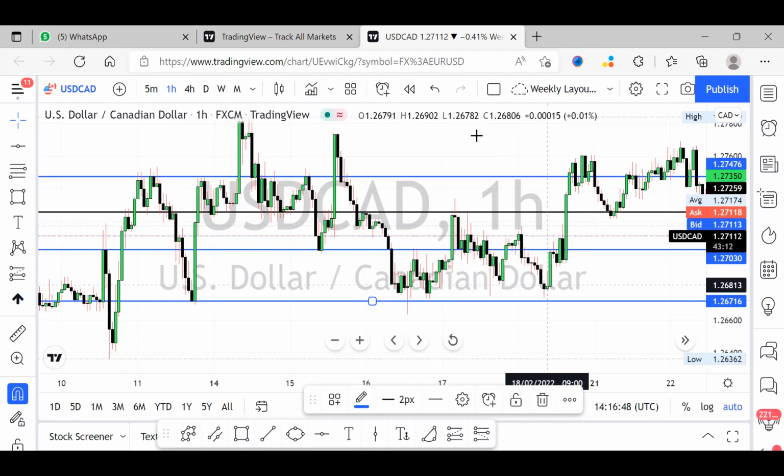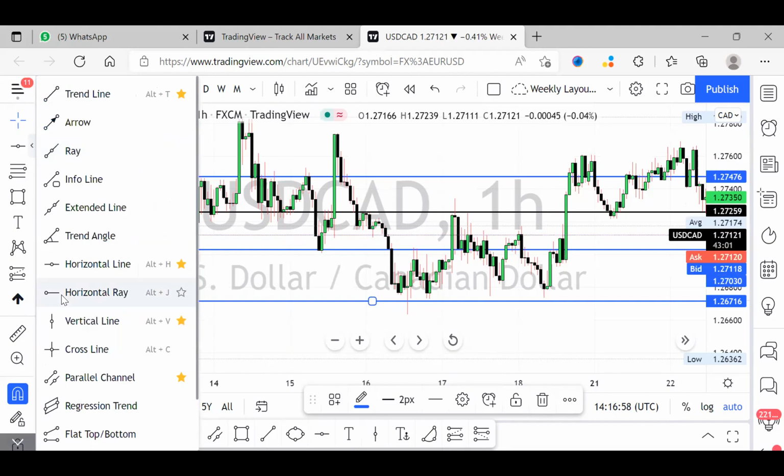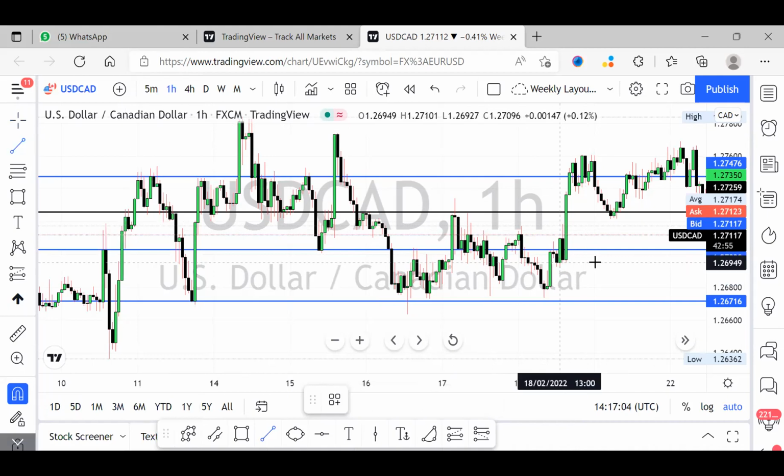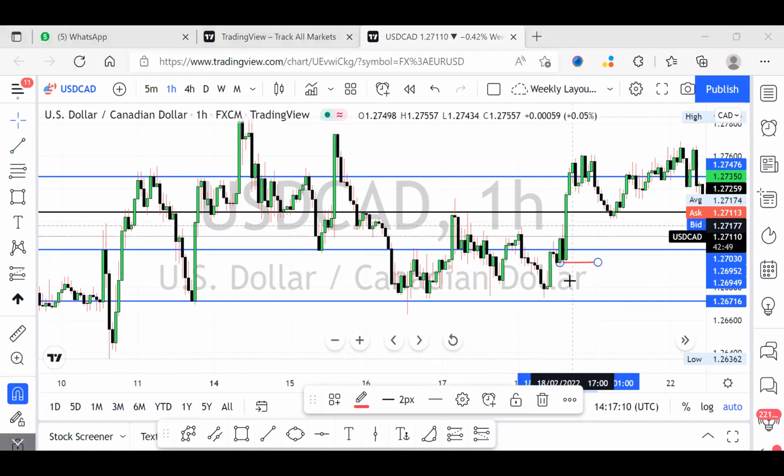As price goes further up, you'll see that the price itself did not go to the downside anymore. What this means to you is that when price goes higher, then it starts to go lower, it does not go back into this zone.